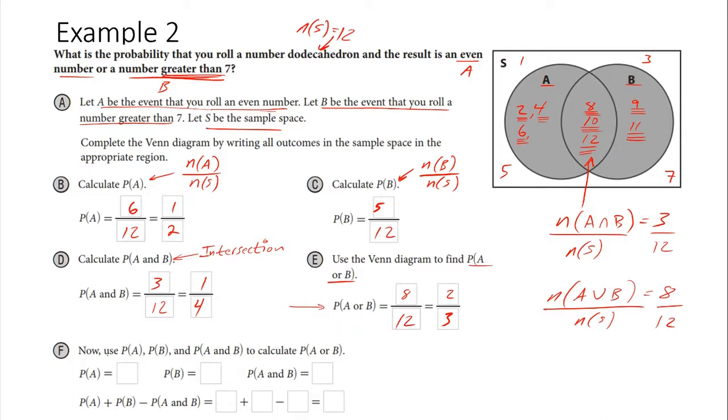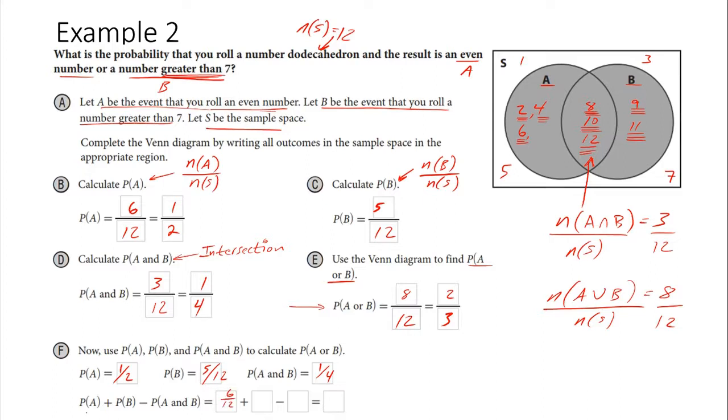All right, so let's review real quick. The probability of A was 1 out of 2, right? 50% basically. And the probability of B was 5 out of 12. Okay, we already got that. And A and B was 1 out of 4. And I'm going to rewrite these to where you kind of see the math here. 1/2 was really just 6 out of 12.